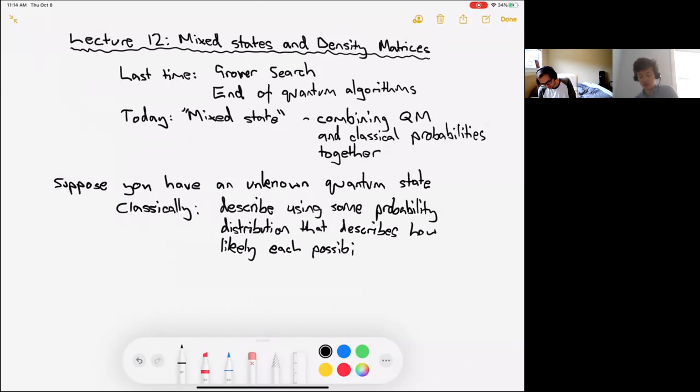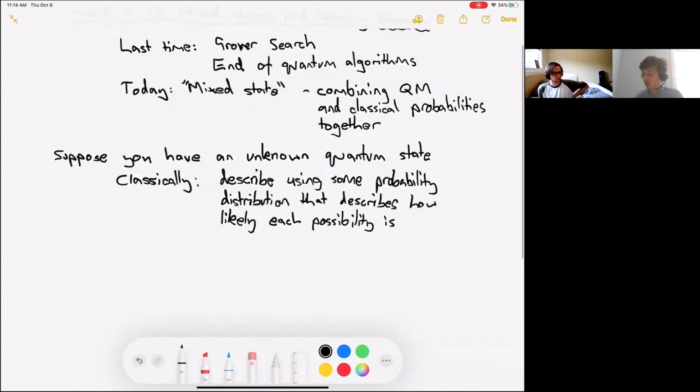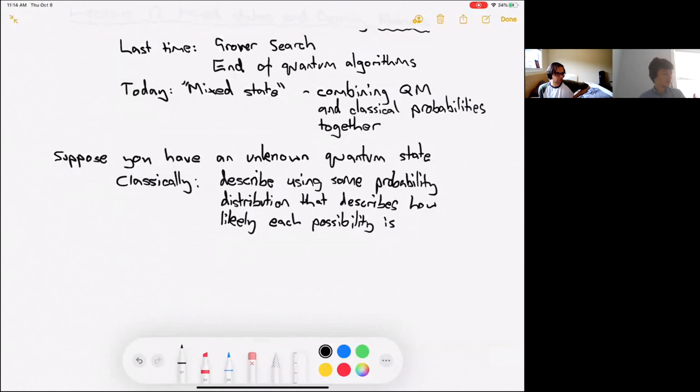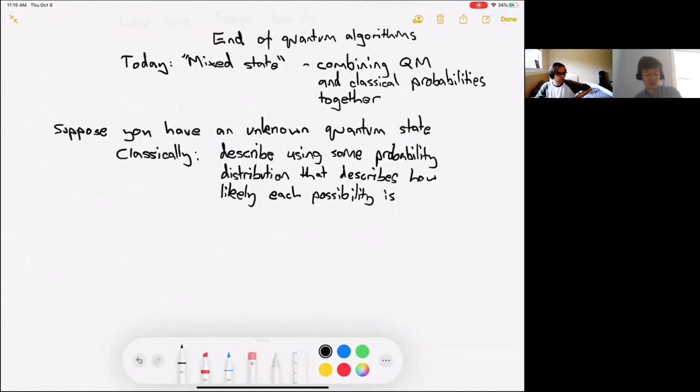Right? It's encoding our beliefs about the state of the system. This is sometimes called the Bayesian attitude to probability. We're thinking about probability in a more general framework than just having a large set of repeated experiments and looking at the distribution of each one. We're willing to use probability to just describe our beliefs about a single state when we don't know what that is.